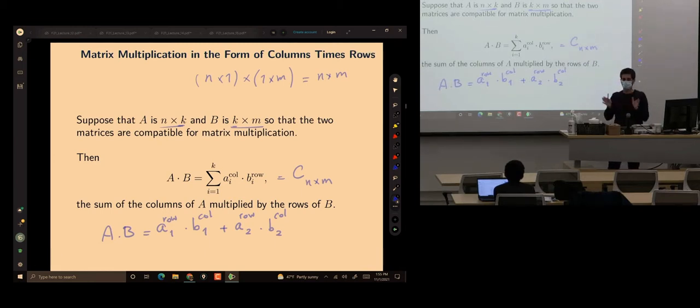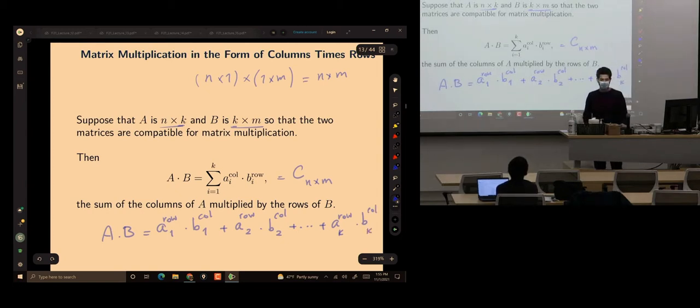Here it's just once: first column, first row; second column, second row; all the way through. So we sum up k matrices of size n by m. This results in A times B.